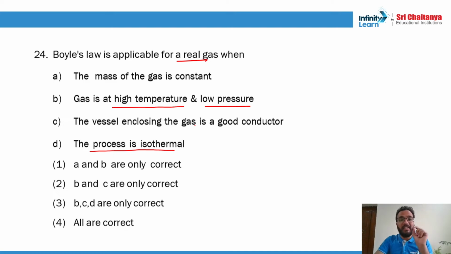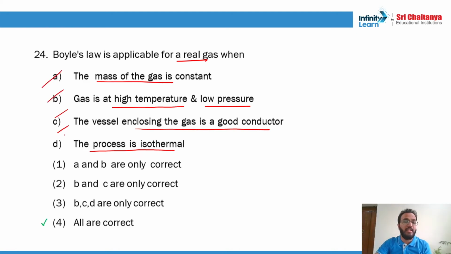Why? Because it needs to maintain constant temperature all the time, that means it needs to conduct the heat quickly, right? So these three things, and the mass of the gas obviously is constant because it will be applicable for a closed system. A, B, C and D, all are correct.